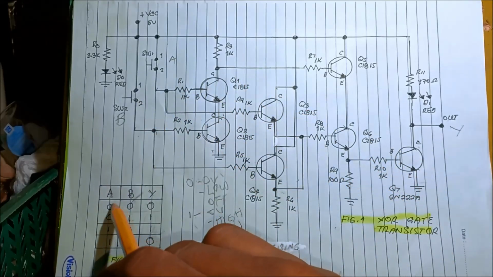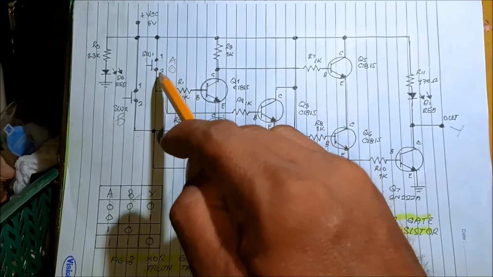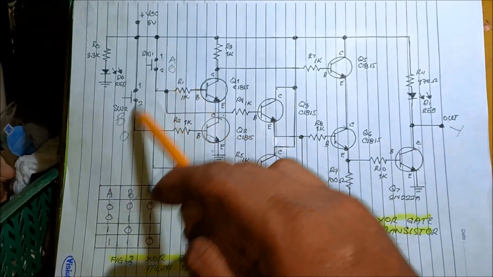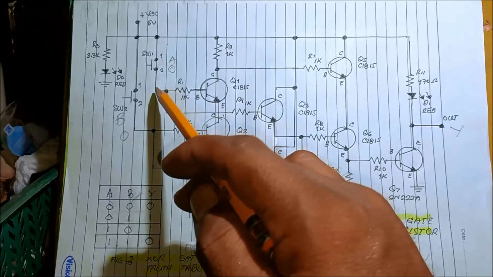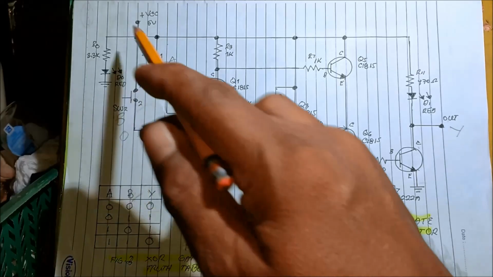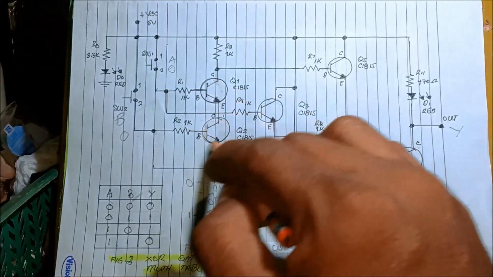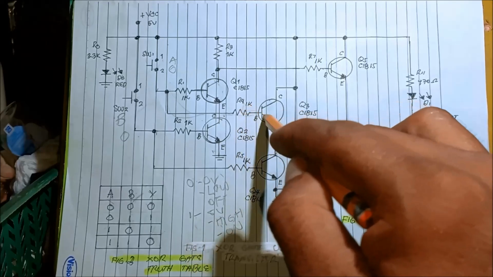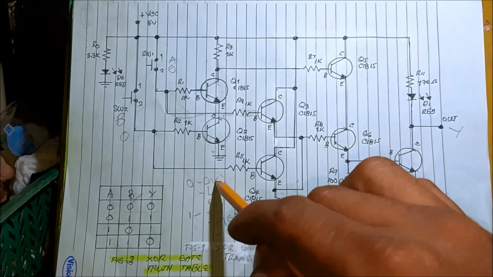Okay, when the input is 0, A is 0 and B is 0. It means the switch is not on, or we did not press the switch. That's why it's 0. Because in the circuit, the transistor here and the transistor here are grounded through this path R4 to R9. That's why it is 0 volts.